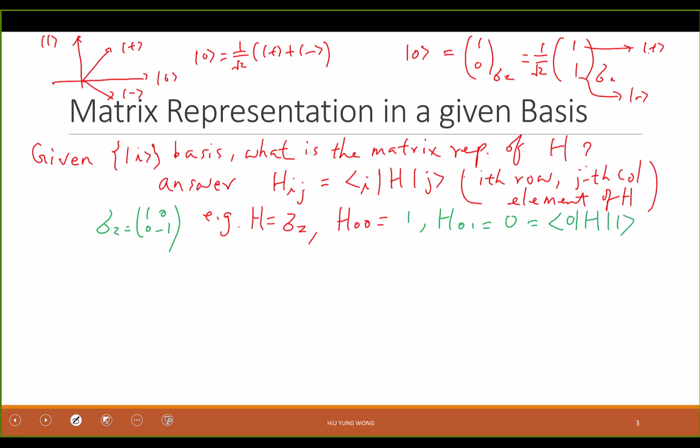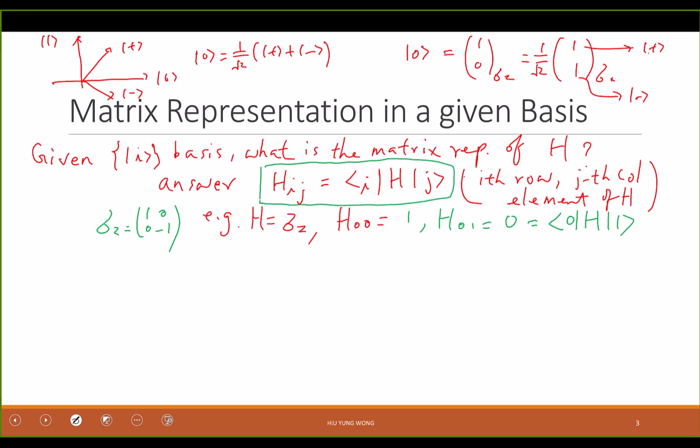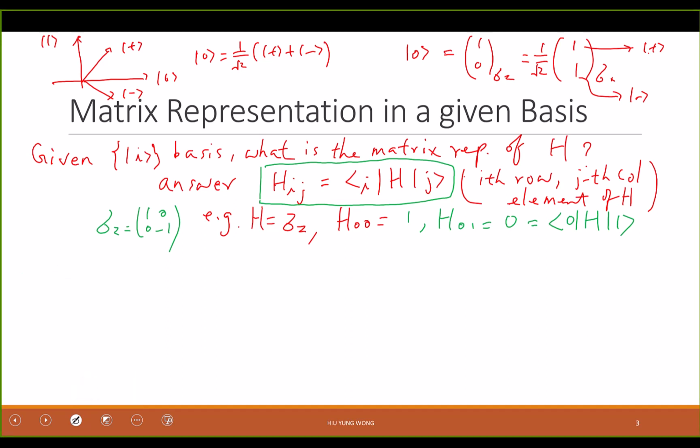That is what we mean by this equation. If you want to represent any operator in matrix form in a basis, all you need to do is sandwich it with the basis vectors.